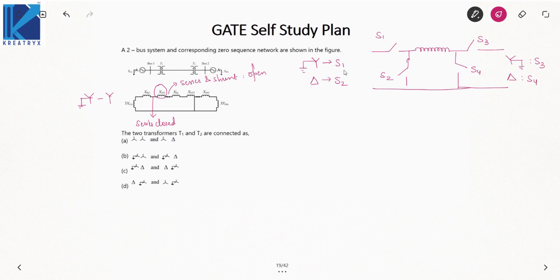So the first transformer is star grounded, star. Check second transformer. Here series is closed, here shunt is closed. Series is closed means star grounded, shunt is closed means delta. So the answer would be B. Okay. So that way you can determine the nature of the connection of a transformer based on zero sequence network.